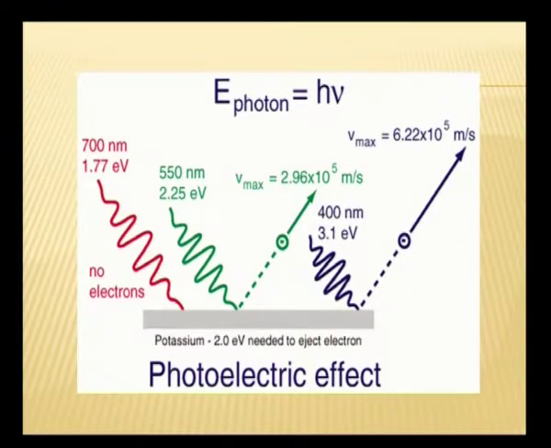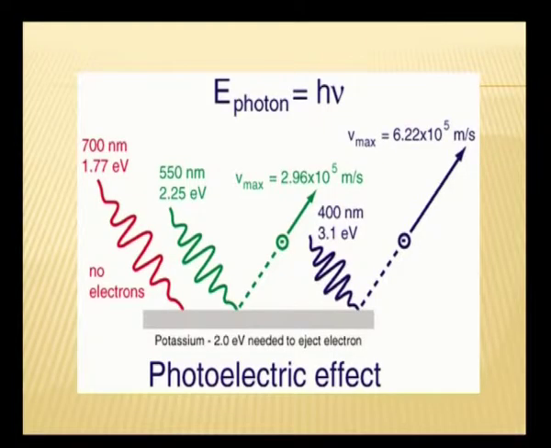You are reducing the wavelength, which means what? You have c = ν λ; if λ is decreased, the frequency should be increased. When you increase the frequency, or the energy of the beam, and go from 700 nanometers to 550 nanometers, that corresponds to 2.25 eV, then you find that electrons are coming out.